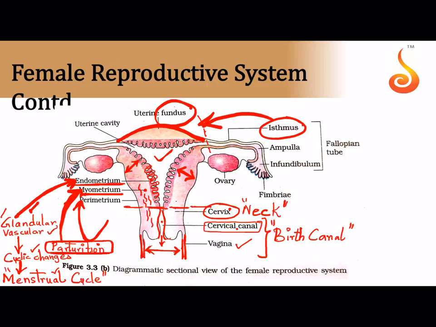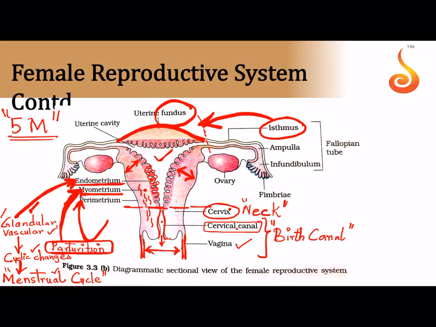So I hope the female reproductive system, the diagrammatic sectional view, is clear to one and all. Why I'm stressing so much on this is because, like I said at the onset, this is a very important 5-mark question, the diagrammatic sectional view, and you will be given homework regarding it. So I want all of you to practice this diagram.